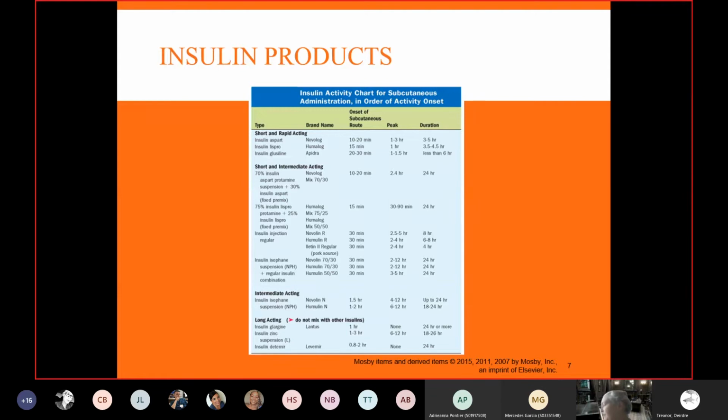So again, if you do a rapid and a slower acting, you get less peaks and troughs, so less ups and downs. It helps create a more steady baseline. And also not having to stick someone, oh, here's your regular and then here's your other insulin. So you can mix them together and give it in one.